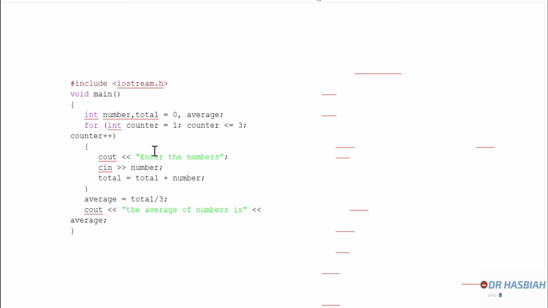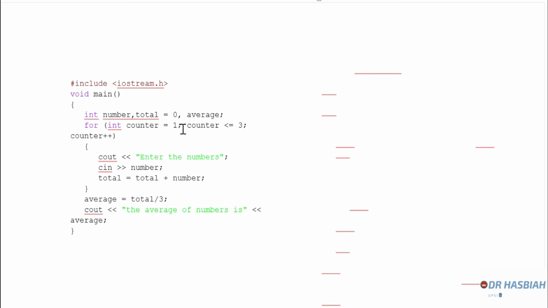So now we have total equal to total plus number. The initial value of total is 0, and let's say you cin the first number 1, so 0 plus 1, you get total now 1. Then we check counter plus plus.